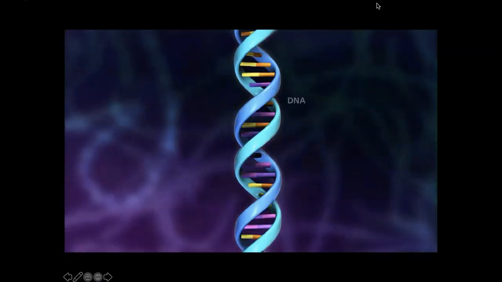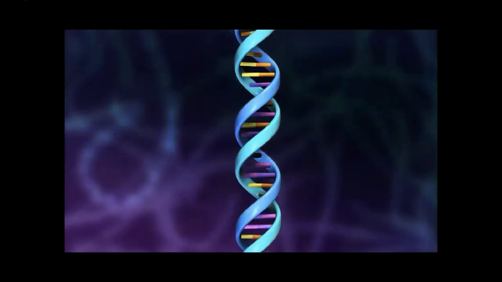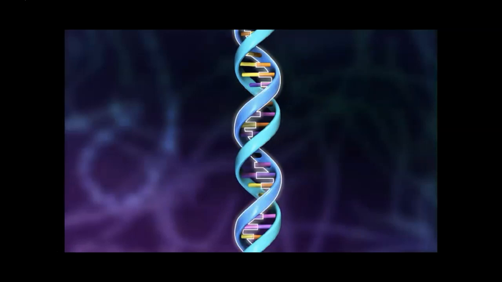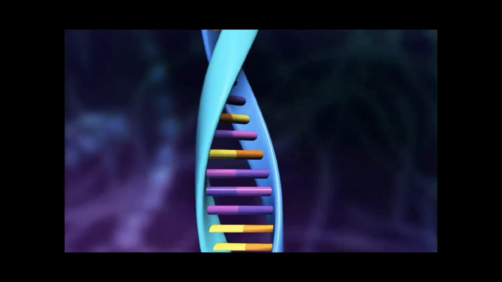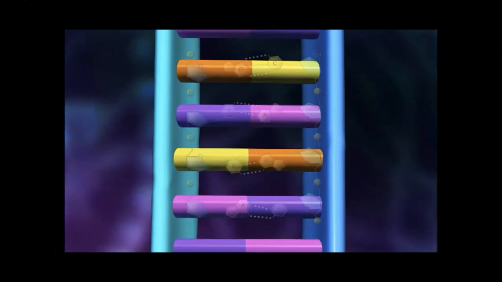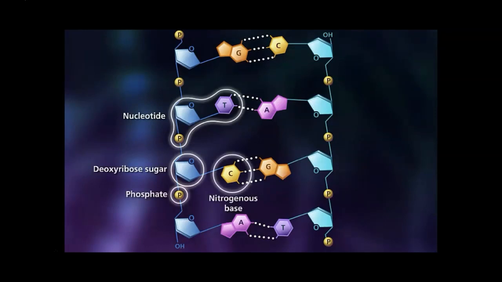The structure of DNA aids in the speed and accuracy of replication. Double-stranded DNA is a polymer of two strands of nucleotides, which are hydrogen bonded to each other to form a double helix. Nucleotides are molecules that consist of a deoxyribose sugar, a phosphate, and one of 4 nitrogenous bases.